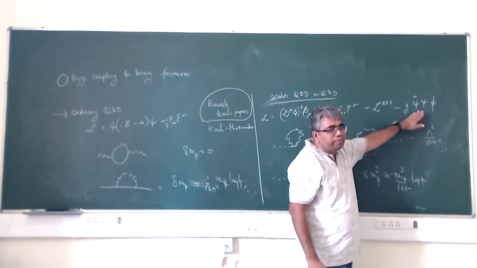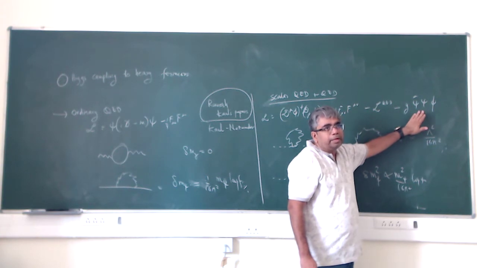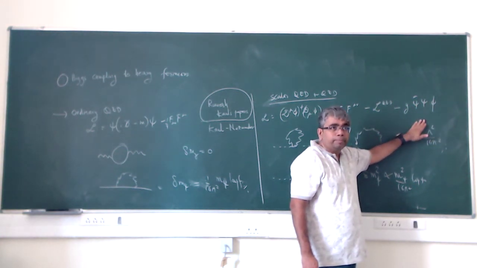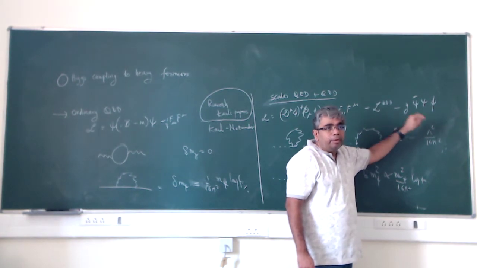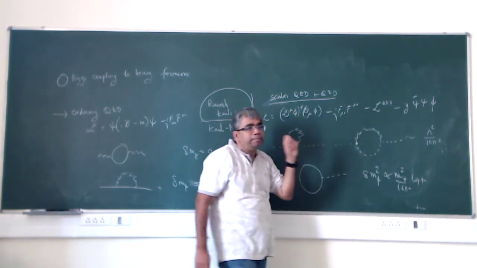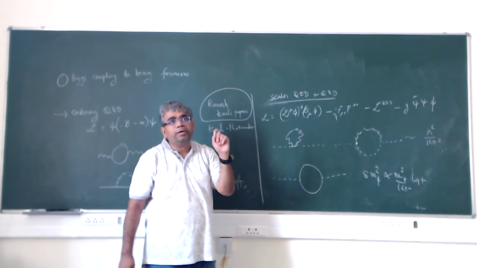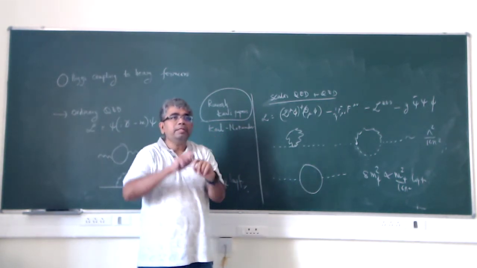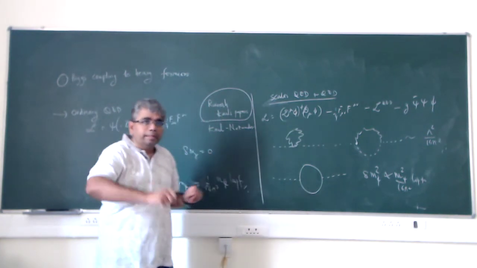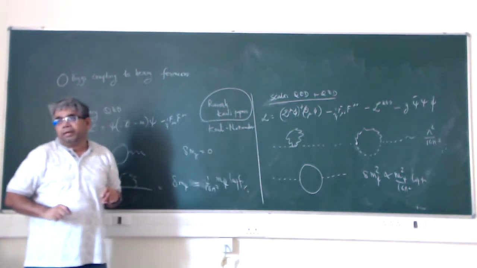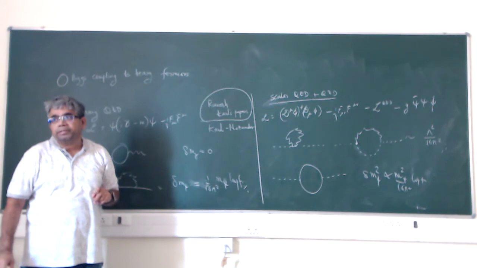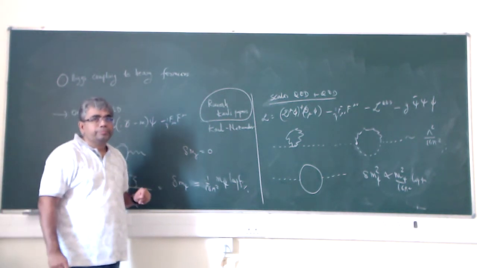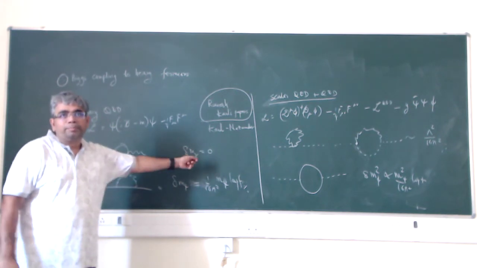But if you have a coupling with a very heavy fermion, it will always pick up the mass of the heavy particle. It could be a very heavy gauge boson also. It will pick up the mass of the heaviest particle in the theory if it couples to it. The heavier the mass it couples to, that correction it will always take into consideration. This is the point I was trying to make.